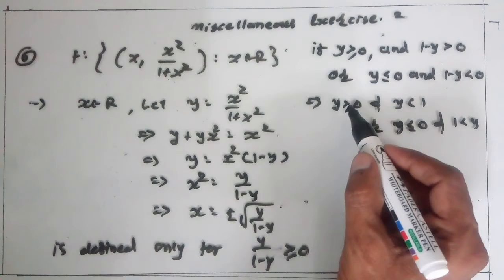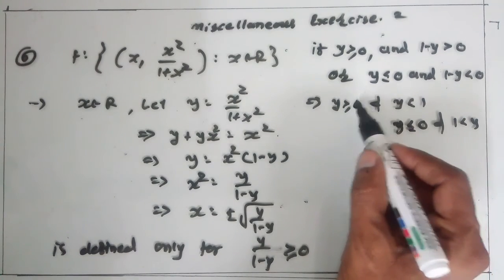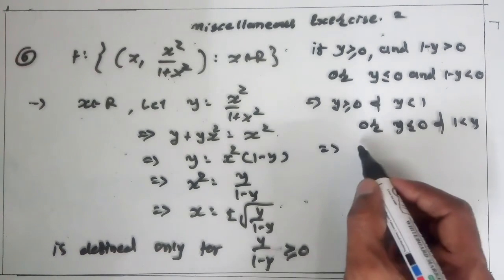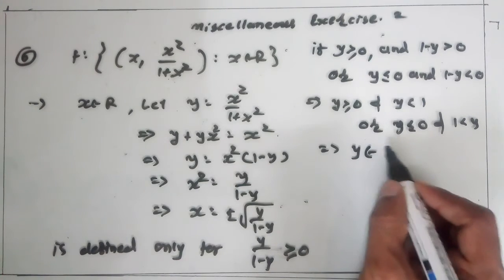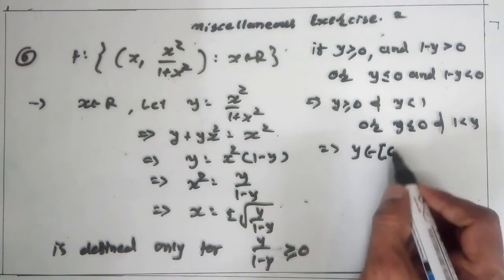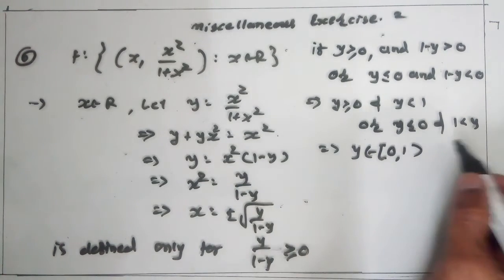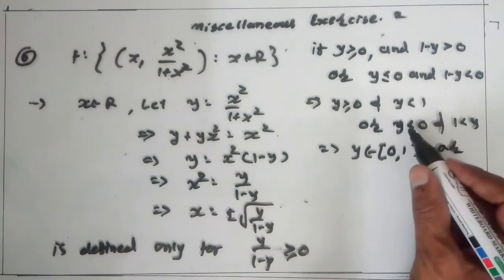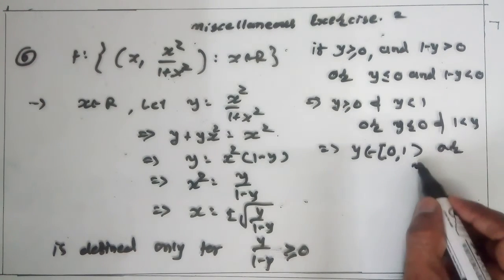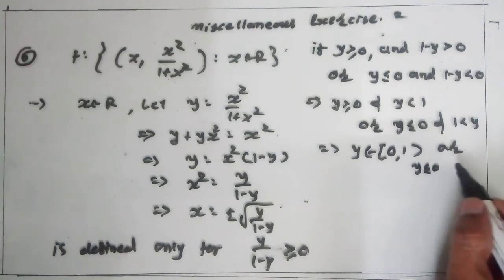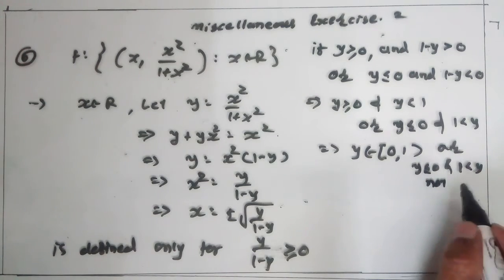From this, y lies between 0 and 1, so this implies y belongs to closed 0, open 1, or here y less than 0 and 1 less than y. This is not possible.